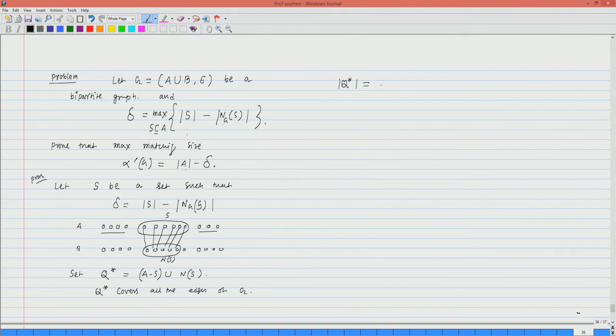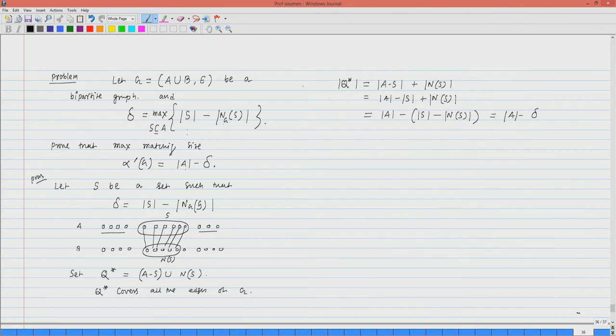Q star is the cardinality of A minus S plus N S, and this can be written as cardinality of A minus S plus N S, right, and this also you can write as cardinality of A minus, S minus N S, and we know that this is delta. So, this is equal to A minus delta.